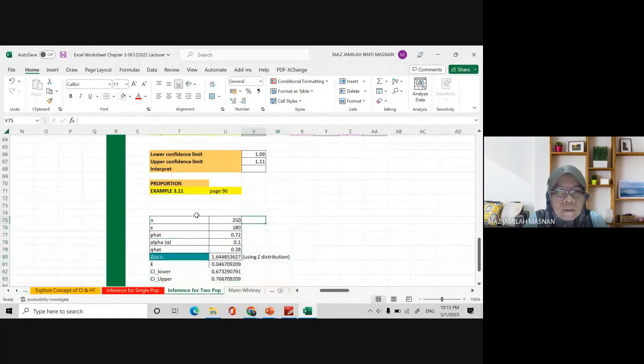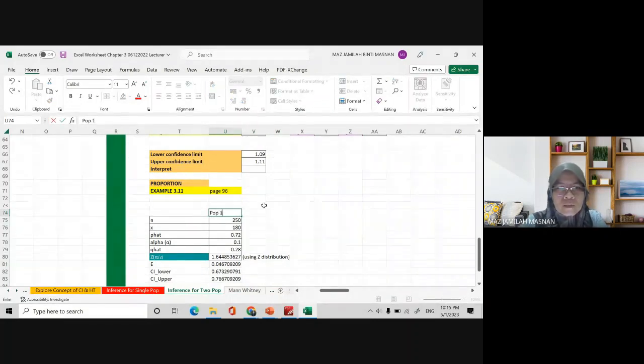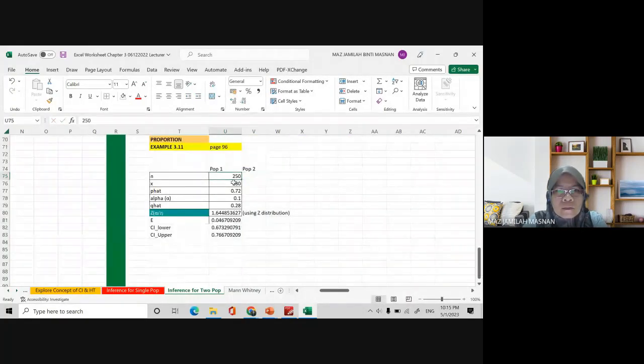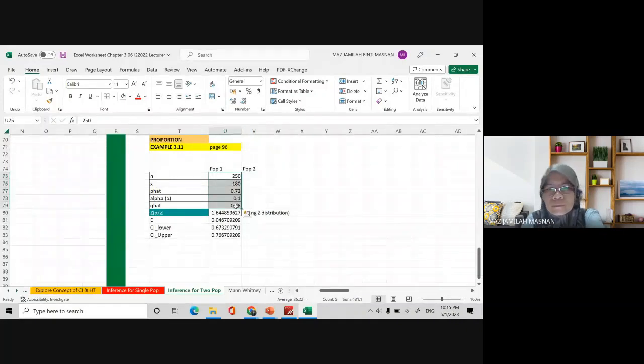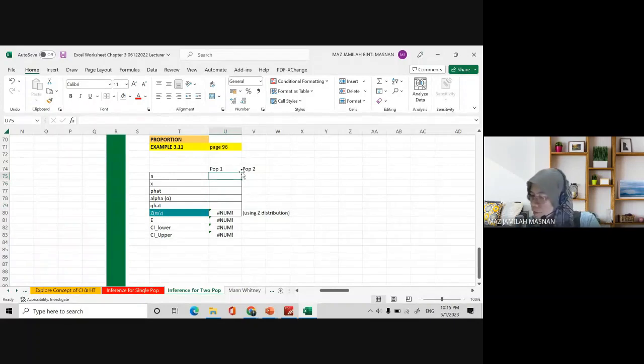Okay. Let's say I have sample 1. Let's say I put population 1 and population 2. Okay. Now, for 3.11, we have 250 car drivers. So this is one, car driver, motorist.